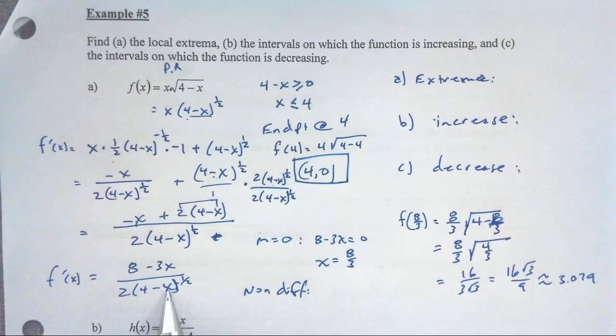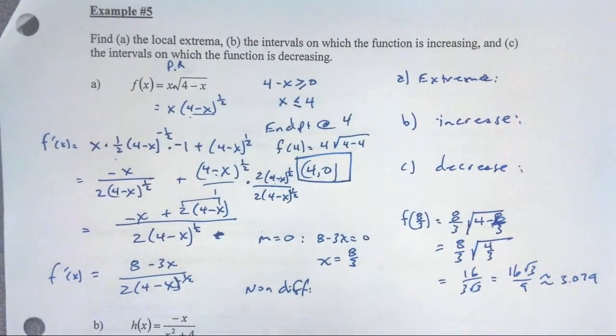If I think about it just a tiny bit more, let's go ahead to our f prime. Our f prime, we've got an endpoint at 4. We've got an interesting value at 3.079 where the slope is 0.